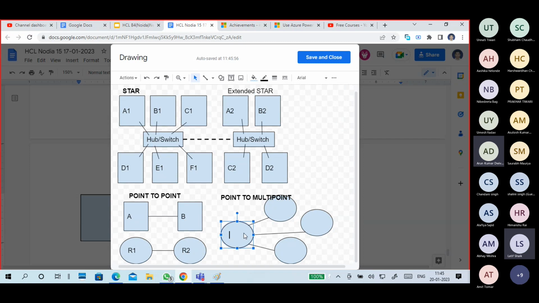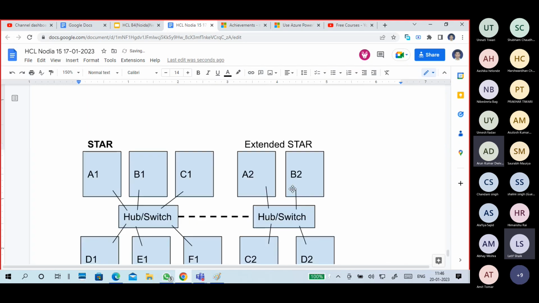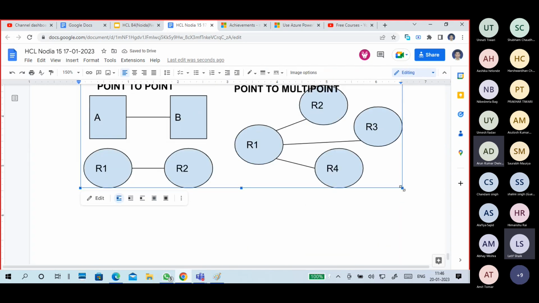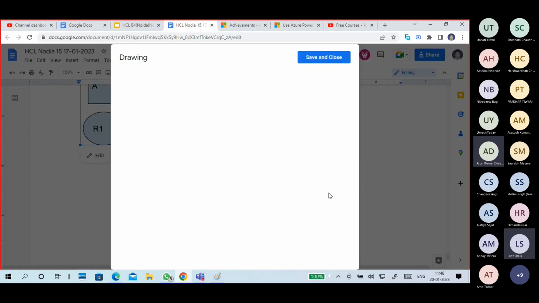And hybrid topology means a combination of two or three topologies together, called a hybrid topology. Taking more space.